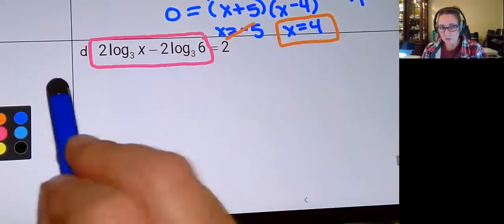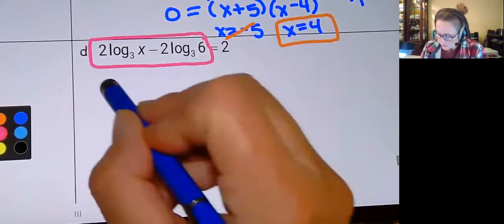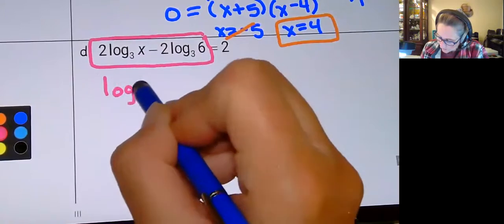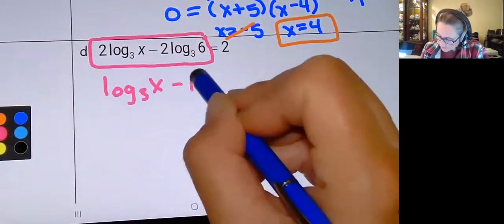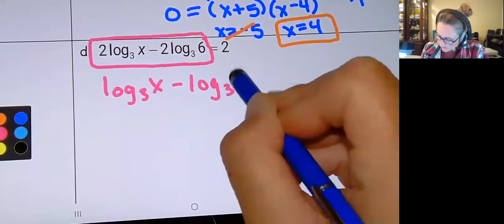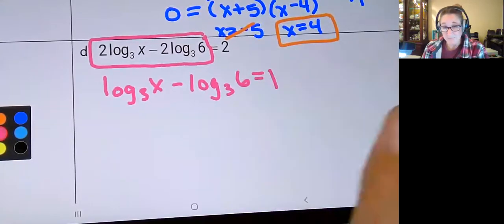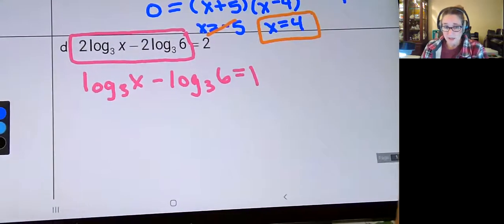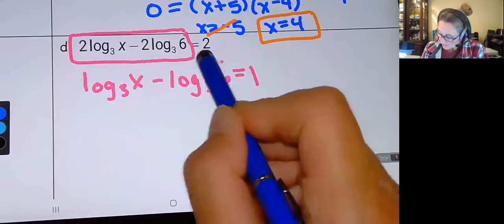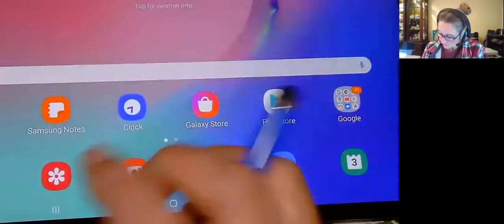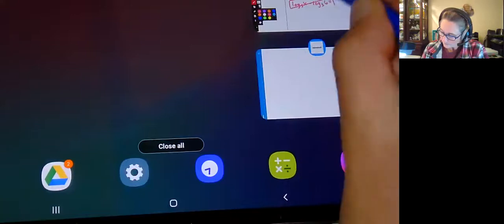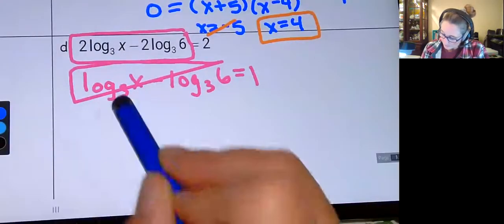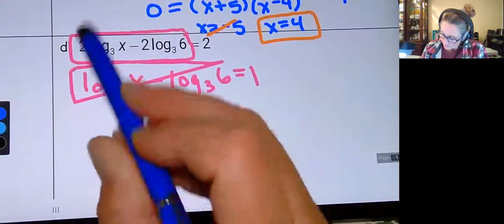So I would divide everything by 2, and I would get log base 3 of x minus log base 3 of 6 equals 1. Makes it a little simpler. And then now I'm going to make this into a single log.